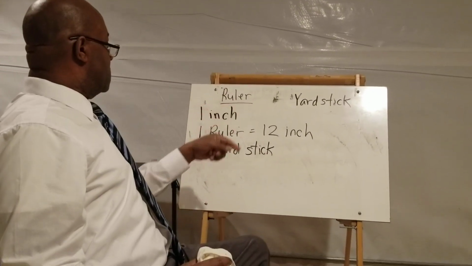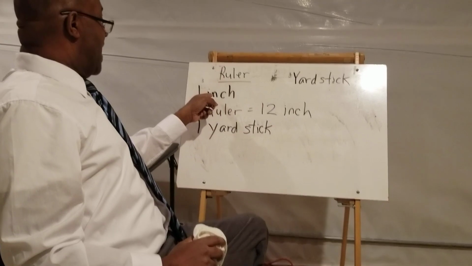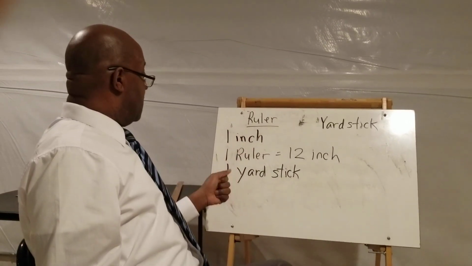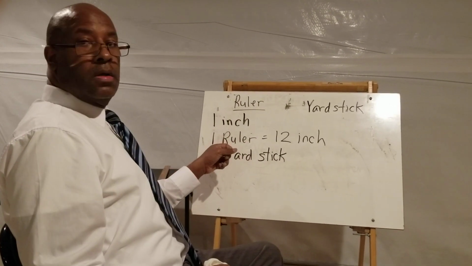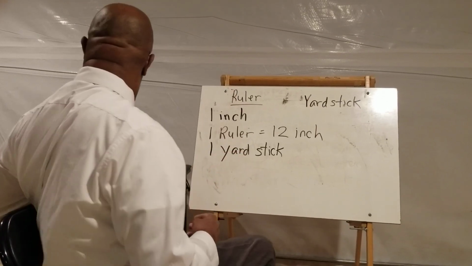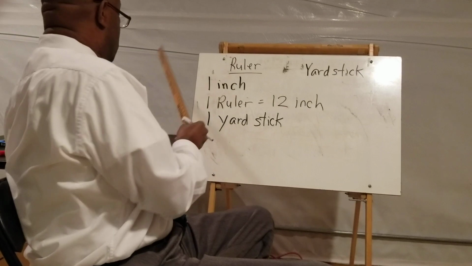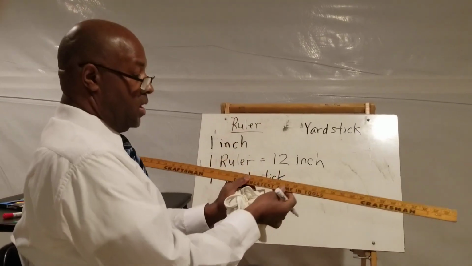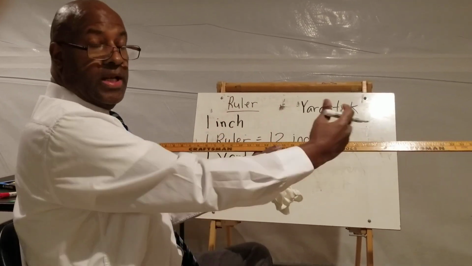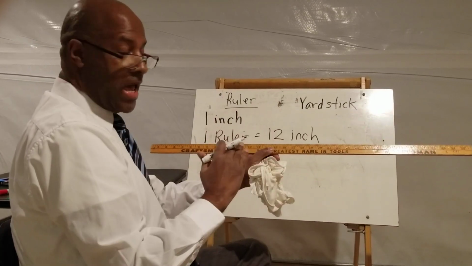So we have ruler, yardstick, we have an inch, then we have a ruler, which is 12 inches long, and then this yardstick, once again, boys and girls, when I put the rulers linear, that means going along. Remember our vocabulary word linear.